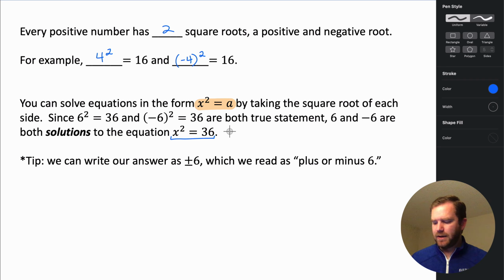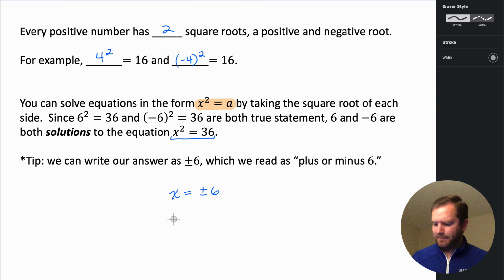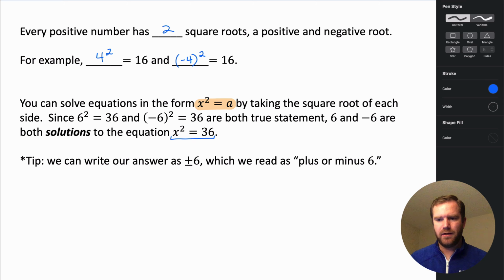So one thing that we can do when we're trying to find our answers is write our answer using this notation, and we read that as plus or minus 6, or positive or negative 6. So in this situation, we could say x equals plus or minus 6, and that would be the solutions to this. So let's go ahead and take a look at how we can use square roots when solving quadratic equations.